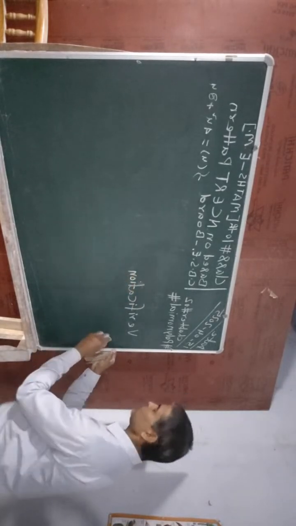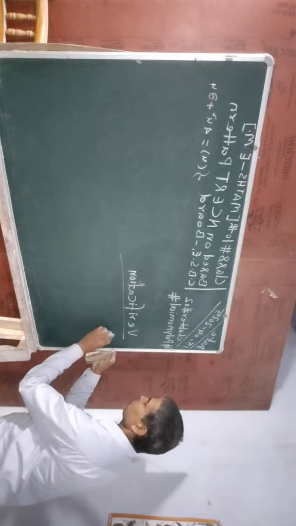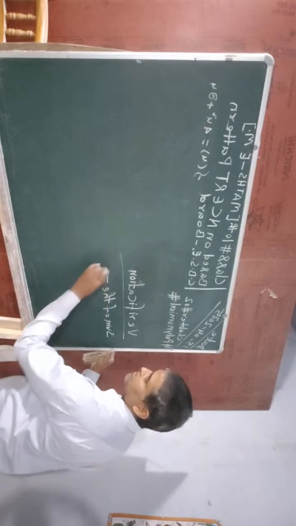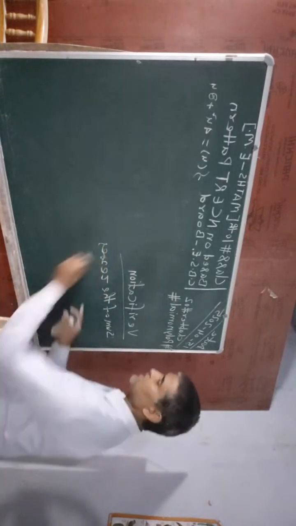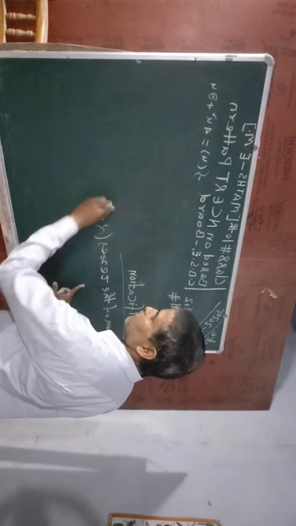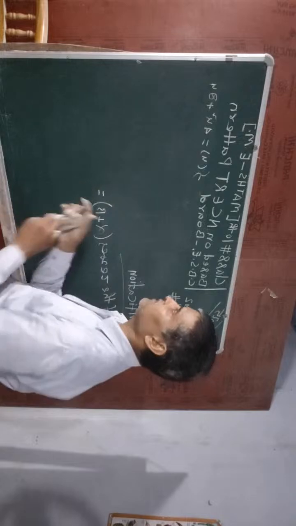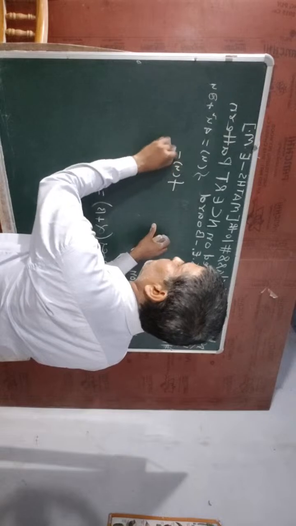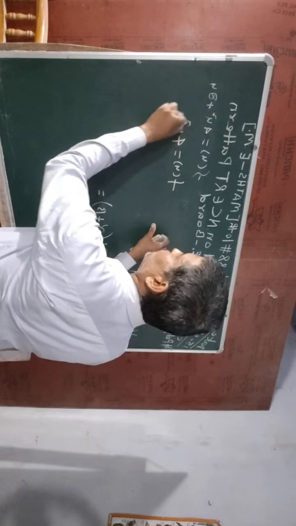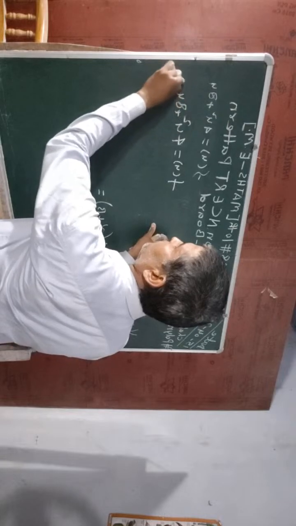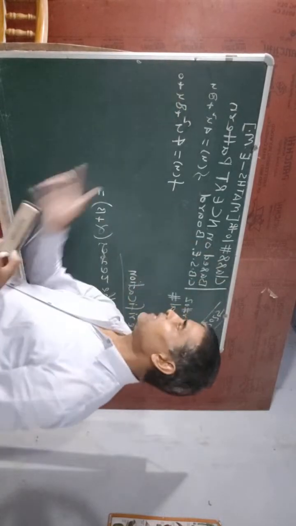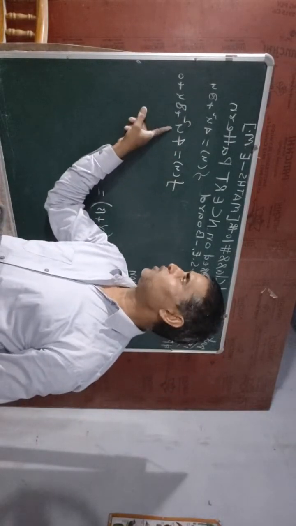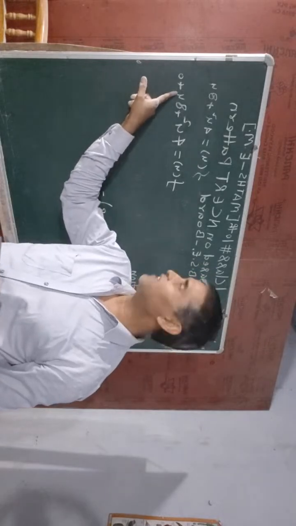Sum of the roots means sum of the zeros, that is alpha plus beta, which is equal to... This polynomial I can also arrange like this: f(u) = 4u square plus 8u plus 0, because this is a quadratic polynomial with variable u.